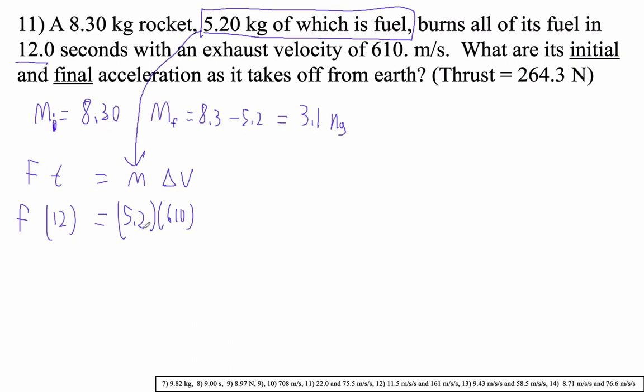Okay, 5.2 times 610. Hopefully I emphasized that enough. And then divide it by 12. So the thrust of the rocket, the force that the rocket's exerting upward, is 264.3 N.